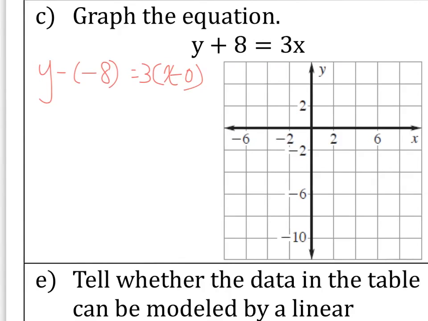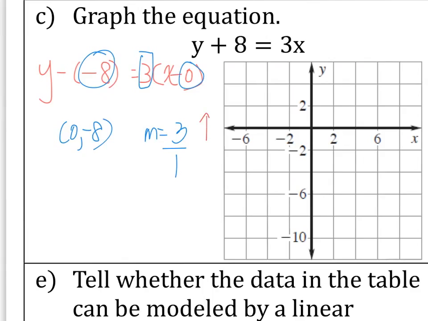So my point will be 0, negative 8. And then my slope will be 3. I can rewrite this as 3/1. So we shift 3 units up and 1 unit to the right.